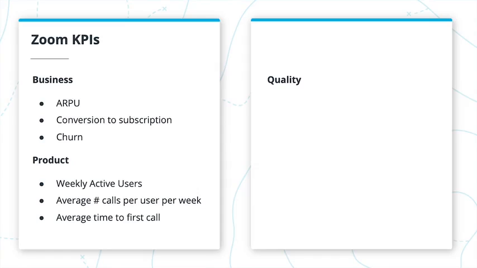In terms of quality, this is about understanding how well the product is actually working. There's a couple things that come to mind. One of the biggest value props of Zoom is that it's high quality video conferencing delivered in a very simple way. So I would want to make sure that we're monitoring and tracking the percentage of calls that are delivered in HD, since this is one of the key value props.